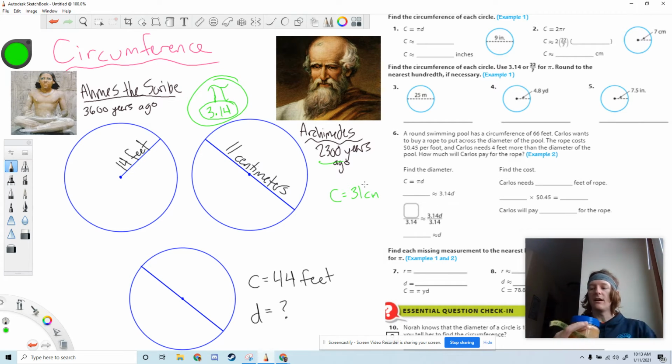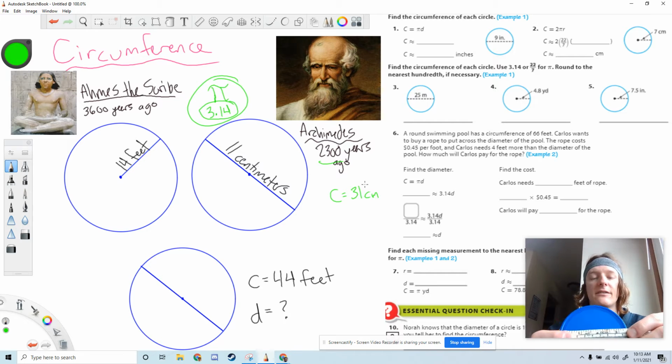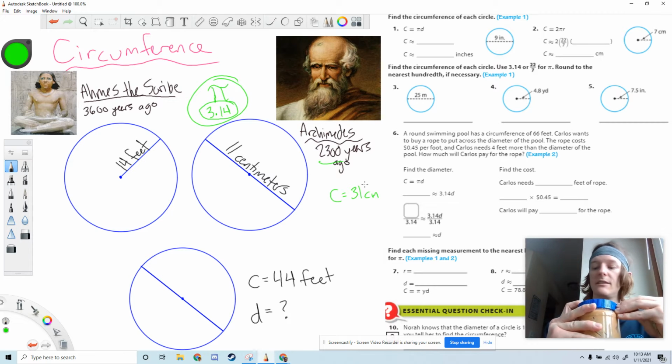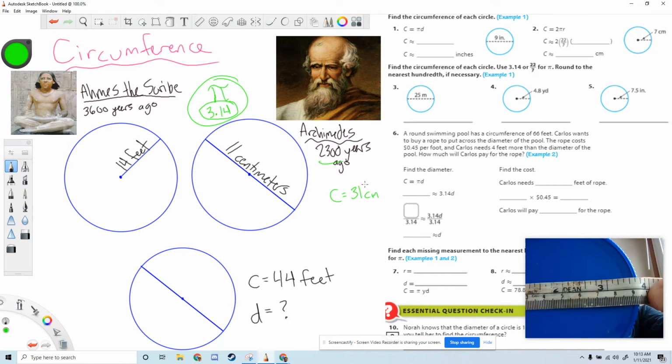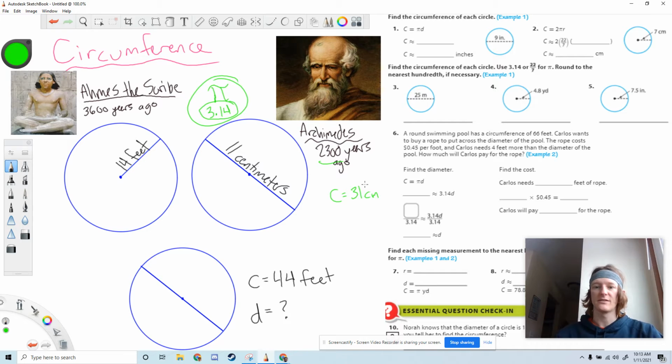Now, I'm going to take my tape measure, and I'm going to measure the diameter here. Diameter here is about, or a little more than that, about 9.6 centimeters.